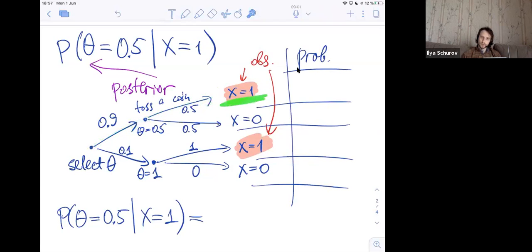So what is the probability to be at this point? How did you find this number, 0.45? How did you find it, Irina? I believe that you multiplied 0.9 times 0.5, and it is 0.45. And now, what about this path? 0.1.